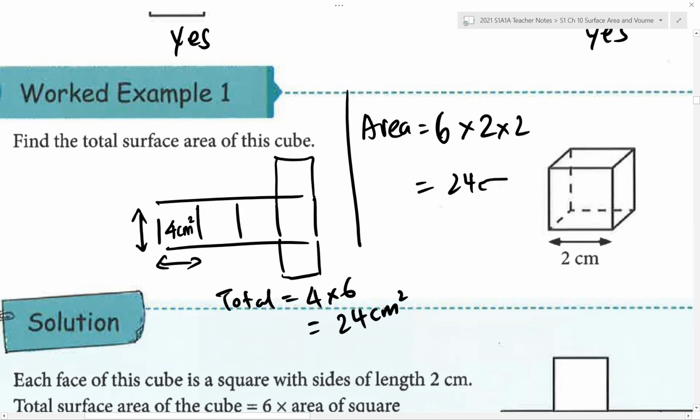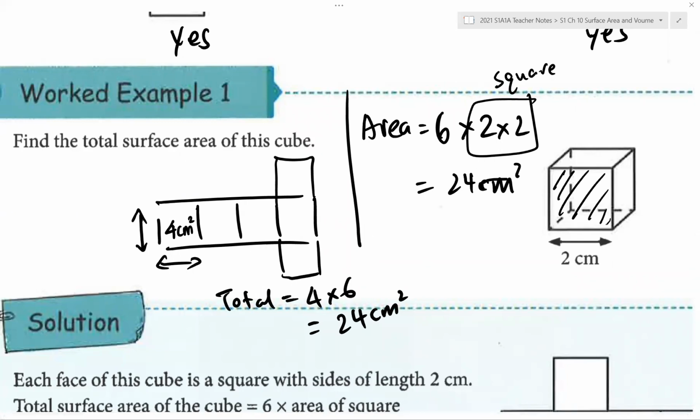So this is the area of a cube: 6 of the squares. Yes? 2 times 2 is from the length and the breadth, on this side, for one of the squares.